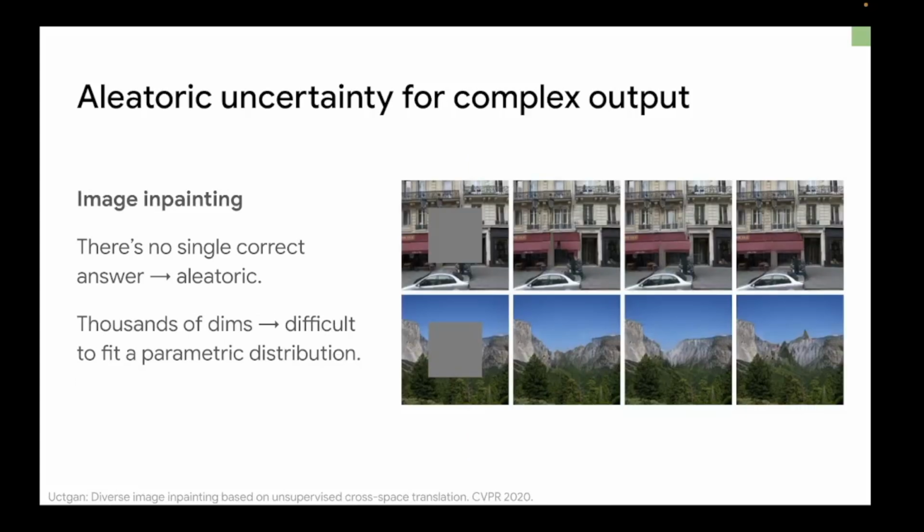Image inpainting as well, or actually the depth estimation that I just showed, is another case of high dimensional prediction. So that also applies here. But image inpainting is another hard example, where you have to predict a bunch of pixels, thousands or millions of pixels together.